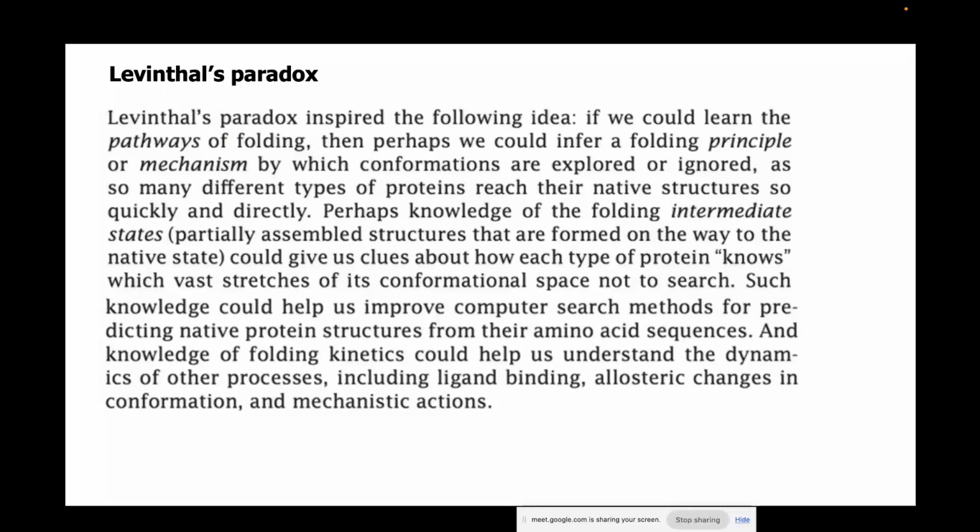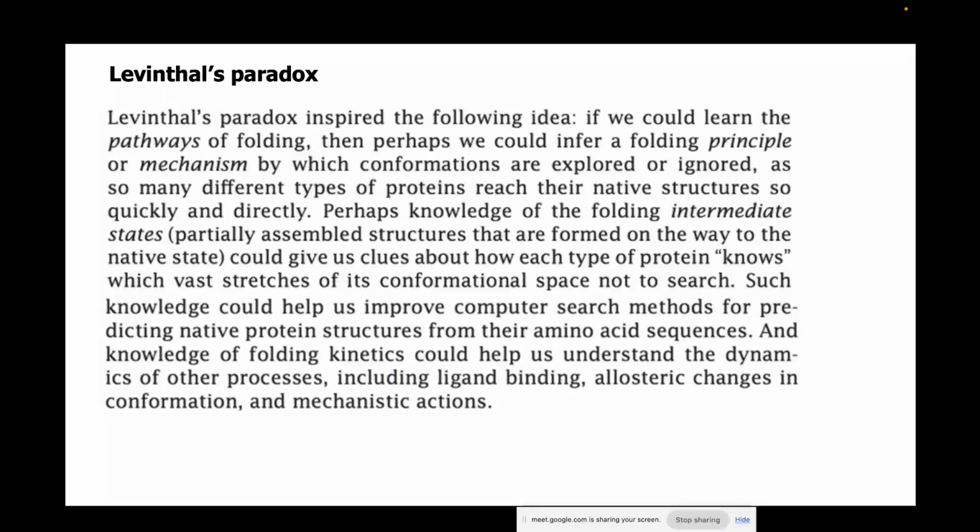And the knowledge of protein folding kinetics could also help us understand the dynamics of other processes, including ligand binding, allosteric changes in conformations, and other mechanistic actions, right? So everything that a protein does in a physical manner, the interactions that it goes through, is guided ultimately by the folding of the protein.